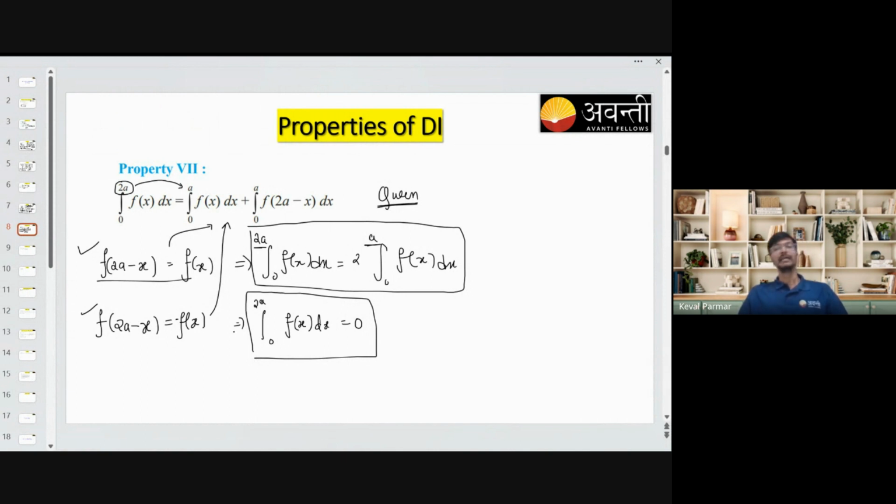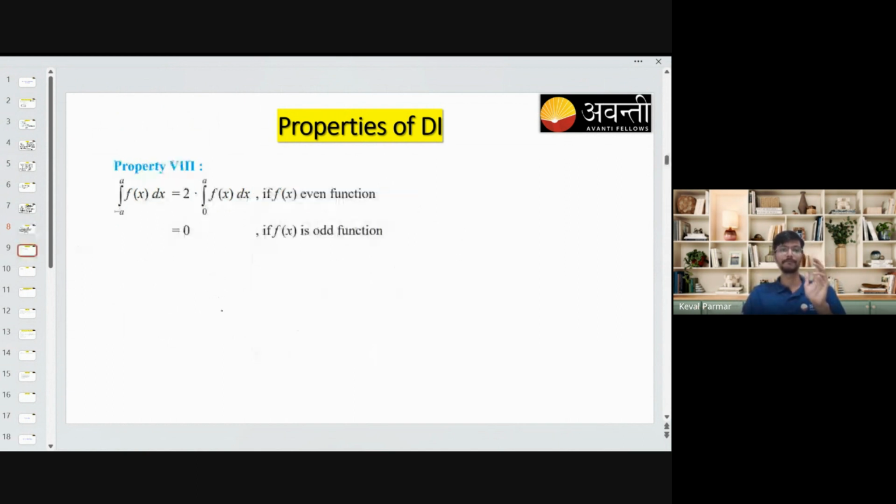Now this same thing we will notice in the next property, which is the even odd property. But here it's quite simple. Here the range starts from minus a and ends at a. So it is from minus a to a. If f of x is an even function, this means that f of minus x will be equal to f of x.